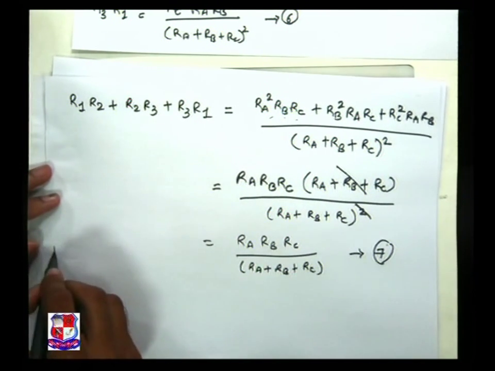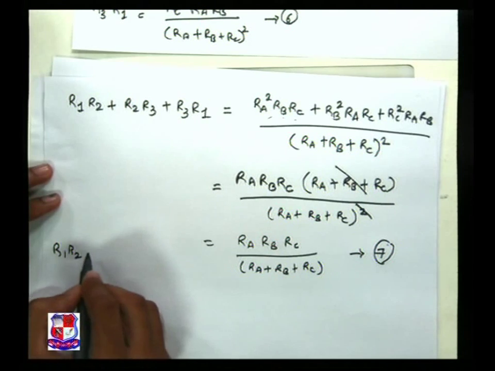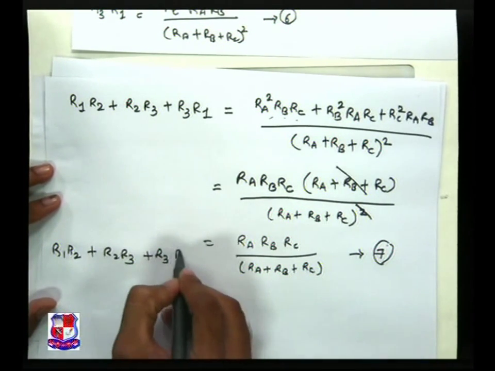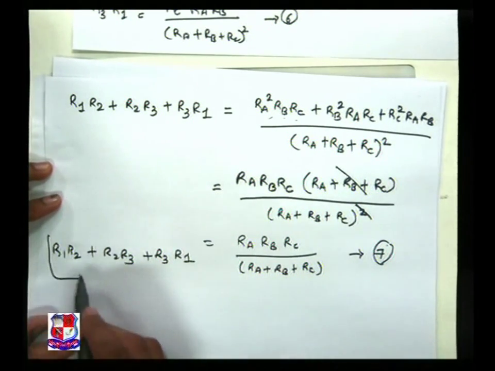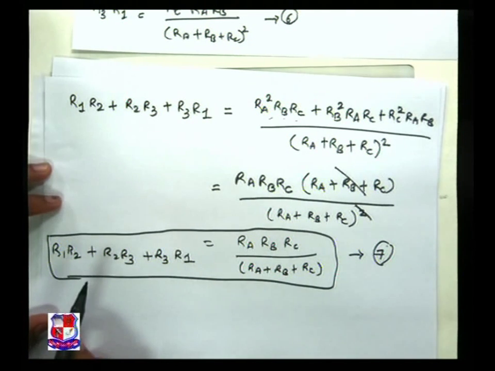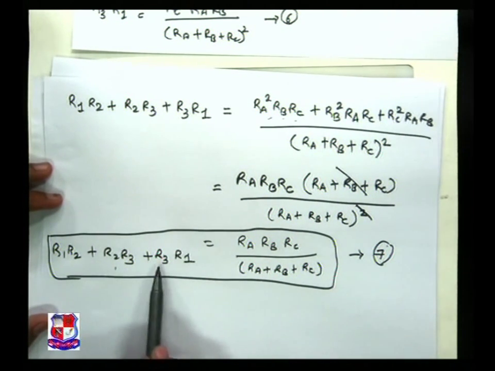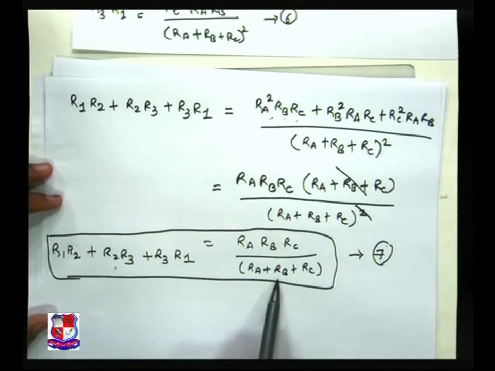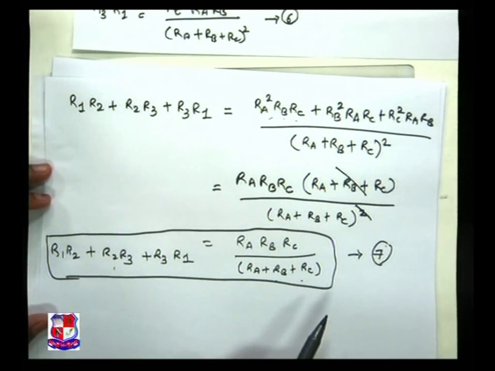So I write down the left hand side R1 R2 plus R2 R3 plus R3 R1. So this is one important equation we derived: R1 R2 plus R2 R3 plus R3 R1 equal to RA RB RC upon RA plus RB plus RC.